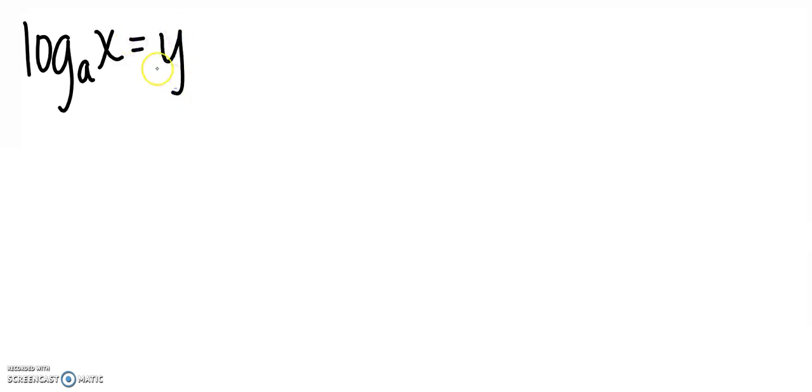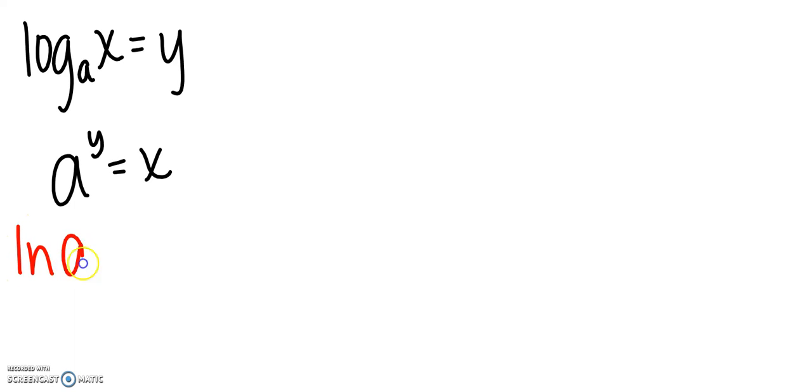And the very last thing, I just want to show you this change of base thing one more time. So if I start with log base a of x equals y, I can start by raising both sides to the a power, rewriting as an exponential. Then I can pick any base. I'm going to pick the natural log this time.